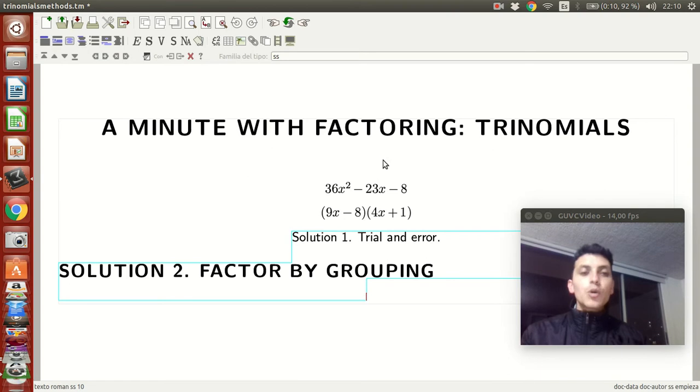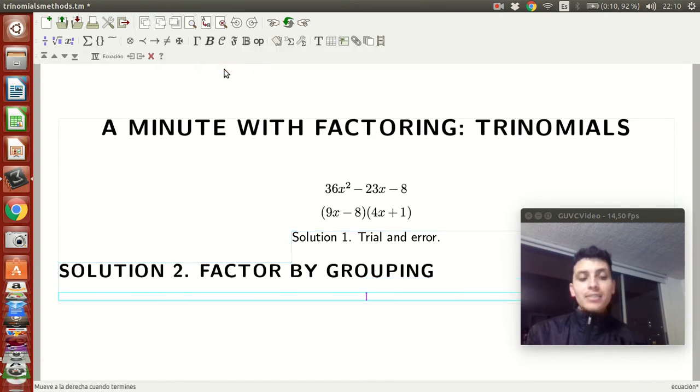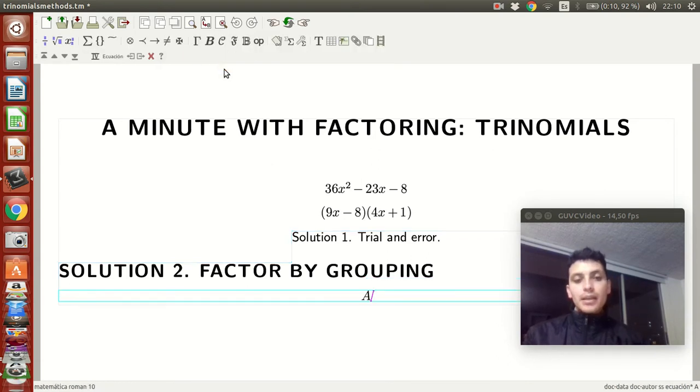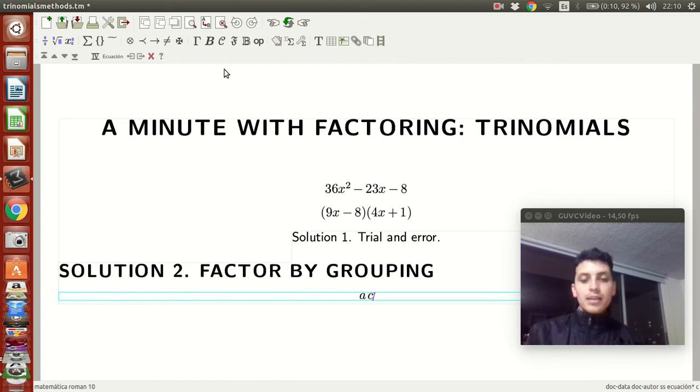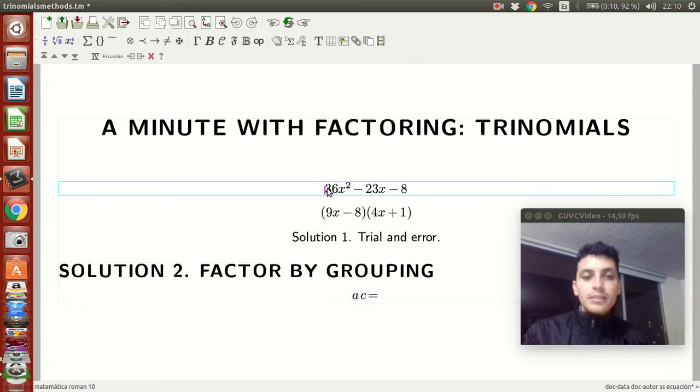Remember that to apply factor by grouping, you need to multiply A times C. A is 36 and C is negative 8.